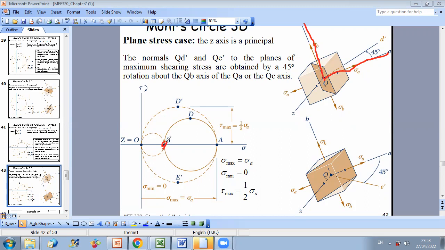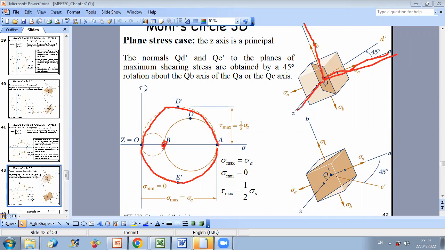Why? Because we said that the maximum shear stress is obtained in the plane of OA, which means this plane is the one corresponding to axis QA and axis QO, which is the Z axis.